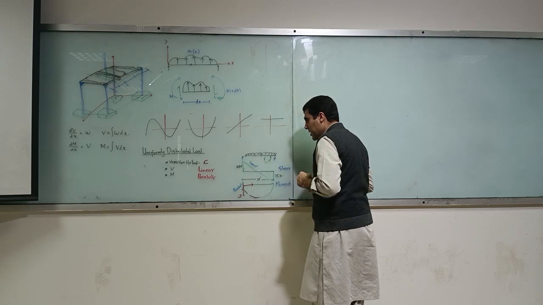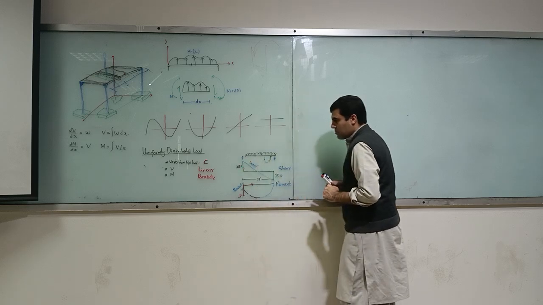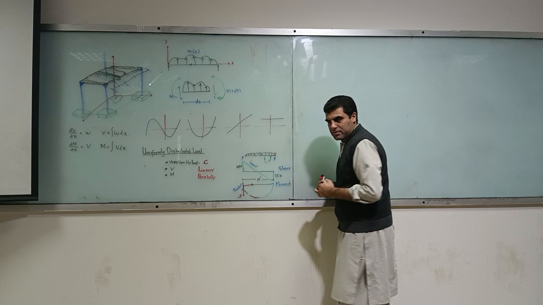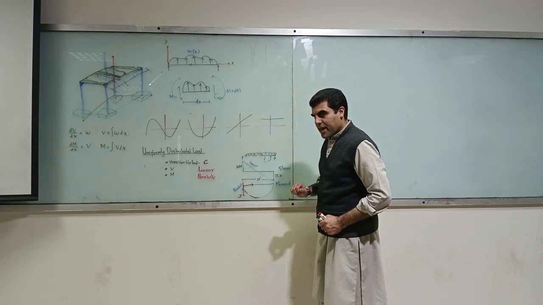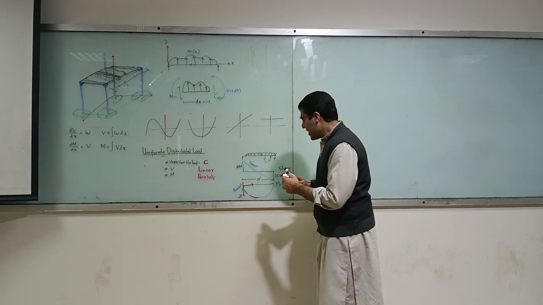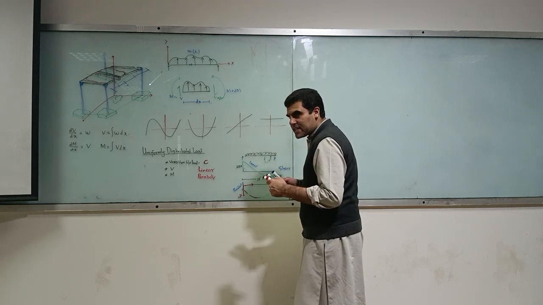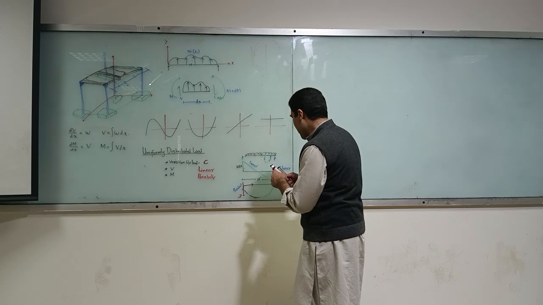Either by similar triangles, or I find out the inclination, the slope of this line. If I find out the slope of this line, from there I can easily find out my zero shear. So how can I do that?